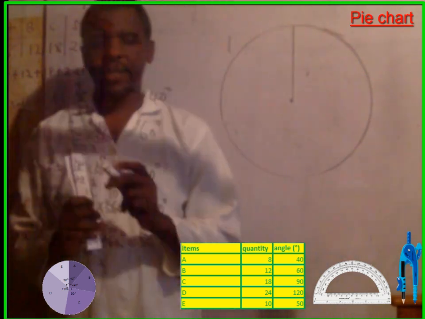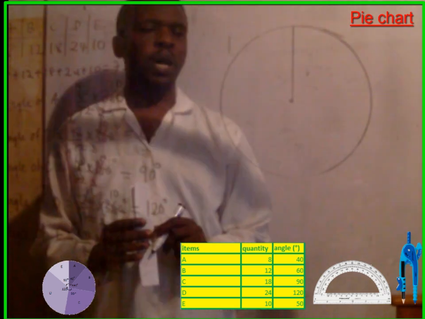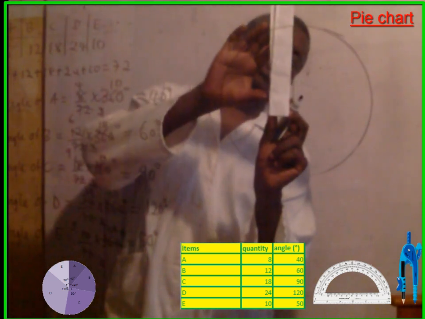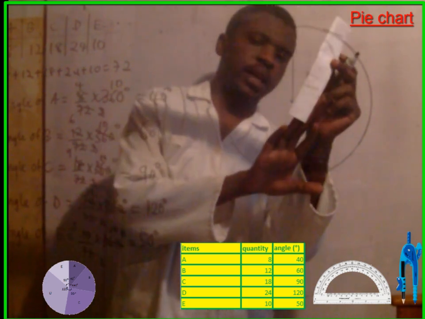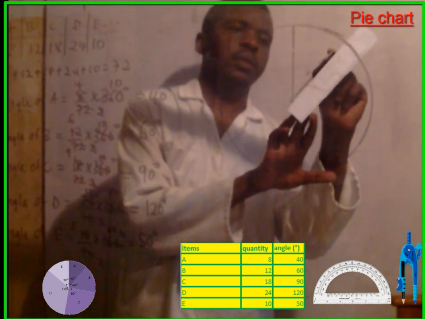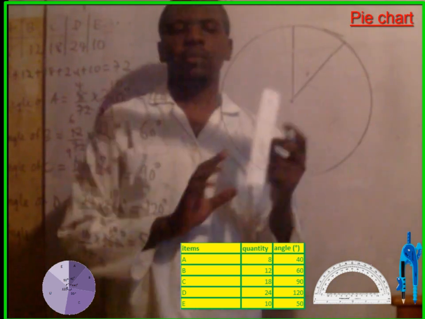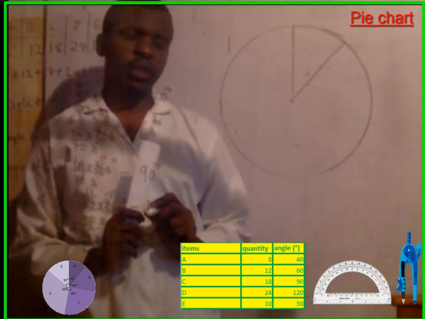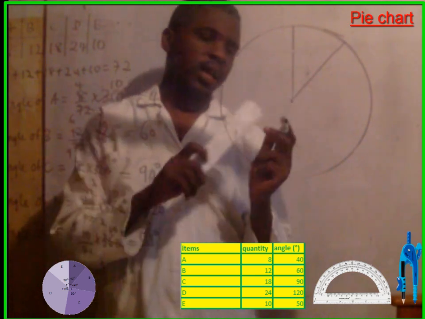The first sector occupies 40 degrees, as I measure 40 degrees from this starting line. Go to the next one, and we measure 60 degrees starting from this line.